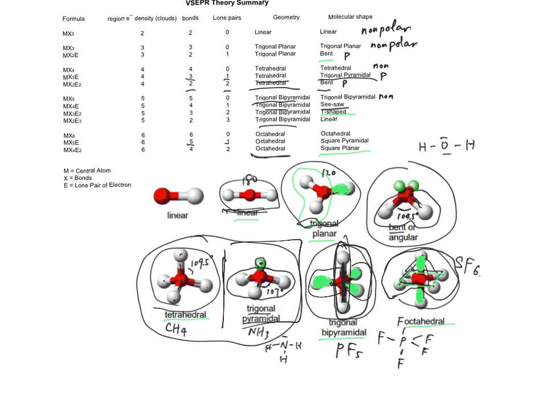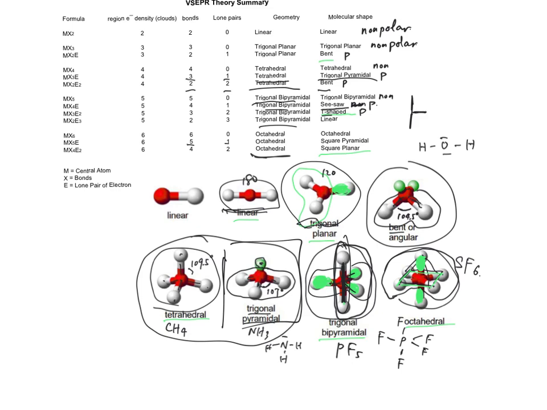Seesaw, polar. These two cancel each other, but these two won't. T-shaped, definitely polar. A T-shape looks like this. These two cancel each other. This one, there's nothing to cancel it.